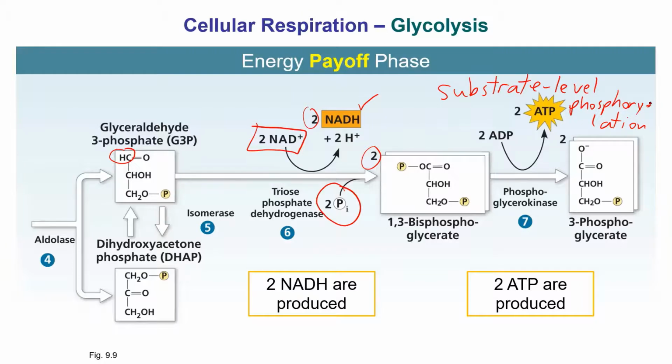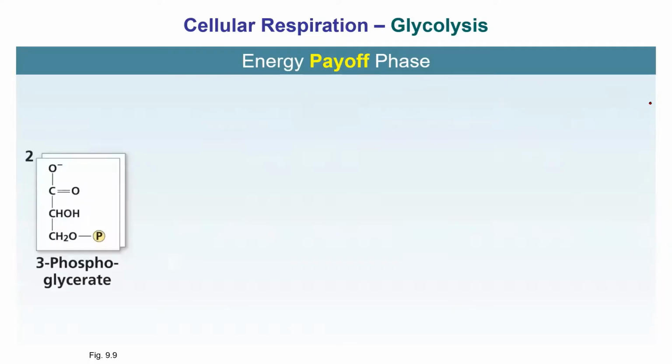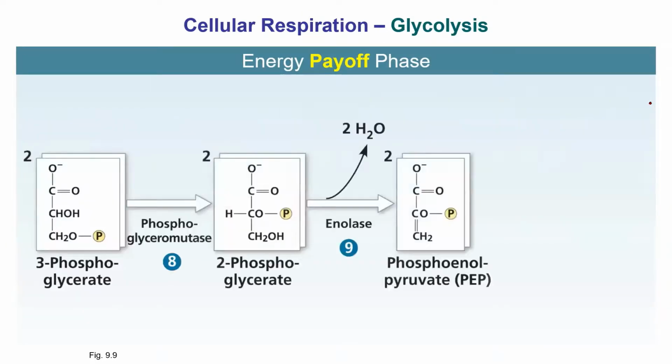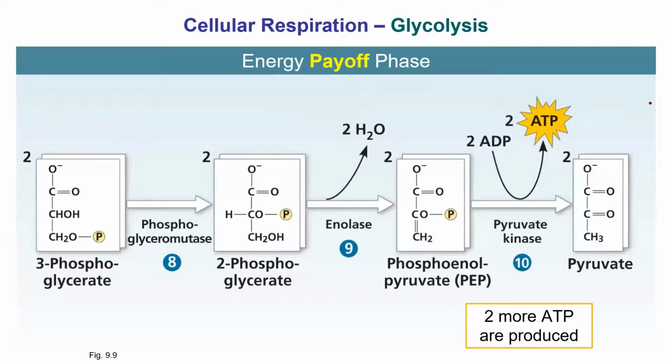We're not done with glycolysis. A little bit more, there's our 3-phosphoglycerate, and it gets rearranged a little bit. You can see there's some water going away. None of these steps here really are too important for this class. But that final step, notice the penultimate compound is PEP.